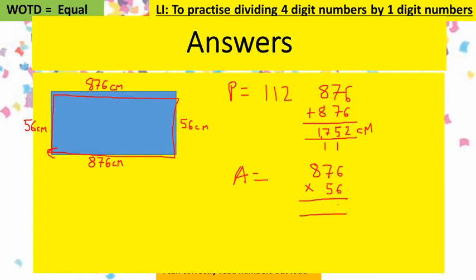So 6 times 6 is 36. 6 times 7 tens is 42 tens, plus 3 tens is 45 tens. 6 times 800 is 48 hundreds, plus 400 is 5,200. Okay, so that's my ones column done. I'm just going to put a little tick to show I've done that.